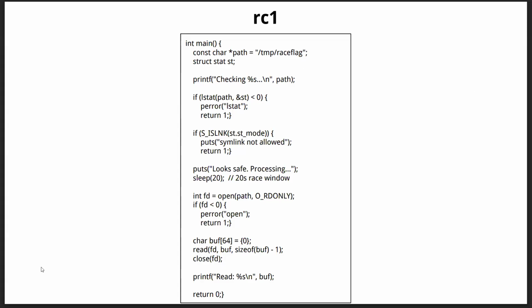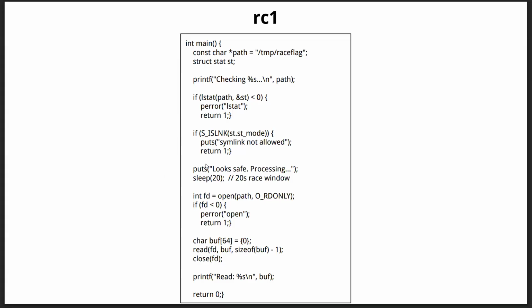First, this part checks if this file exists. If this file doesn't exist, it will return 1. Okay? Then it will check if this is a symbolic link. If it is a symbolic link, it will also just return 1.